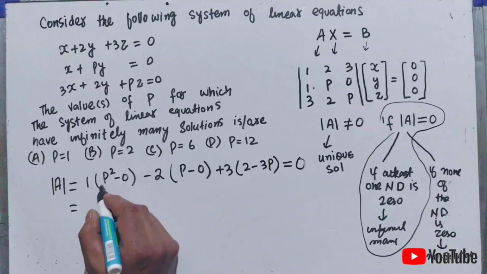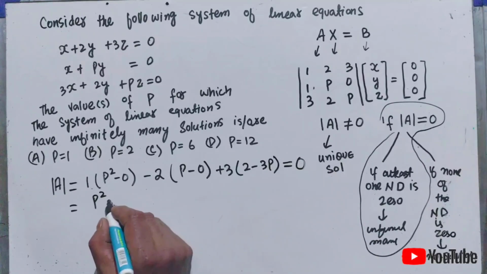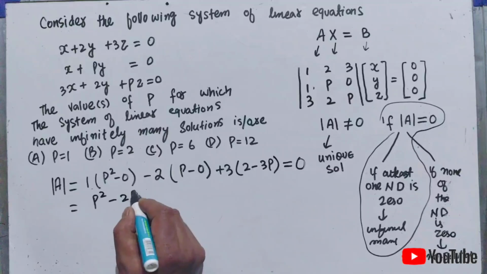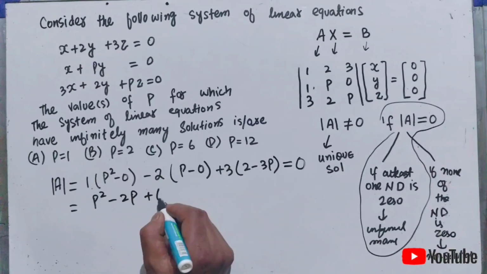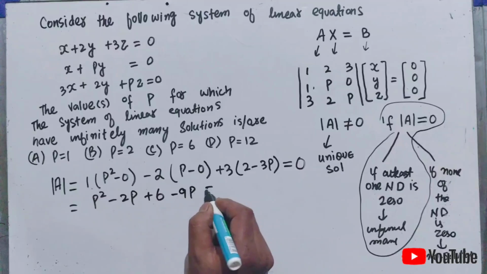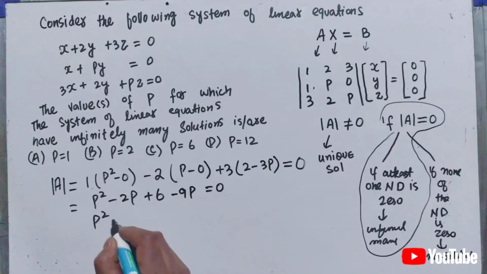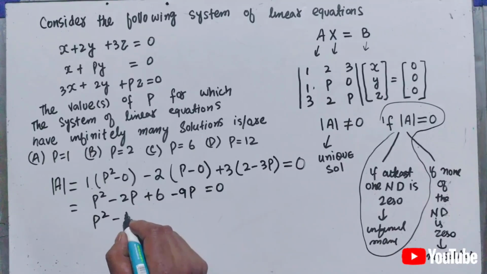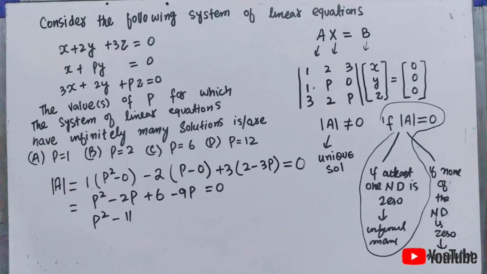Solving it, we get p square minus 2p, plus 3 2s are 6, then minus 3 3s are 9p, should be equal to 0, or p square minus 11. Let me see if I have done it correctly or not.